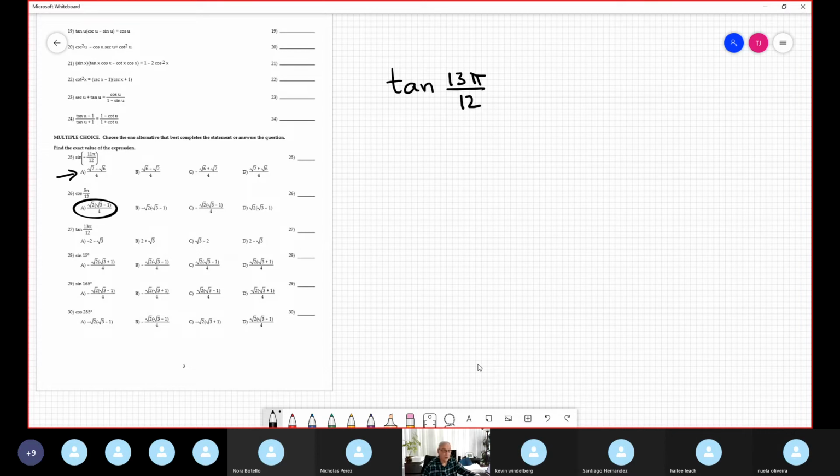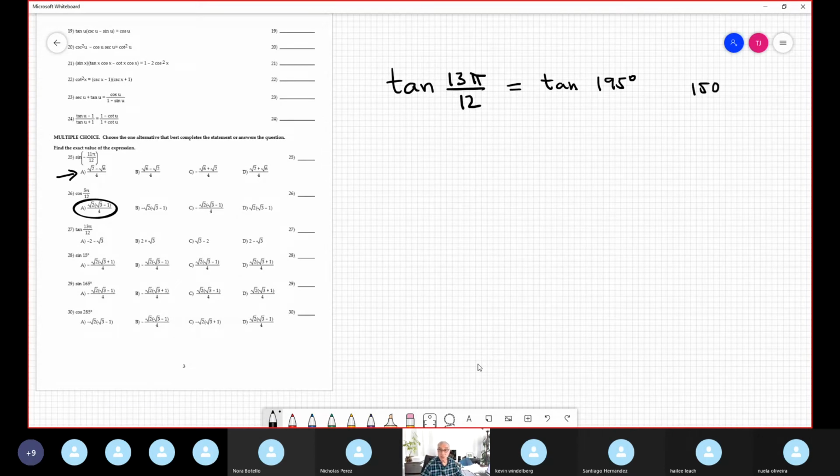Well, pi over 12 again is 15 degrees. Okay, but multiplication by 13. 15 times 13 is 195. So basically, this is equivalent to say tangent of 195 degrees. Well, the combination I suppose is 150 and 45.